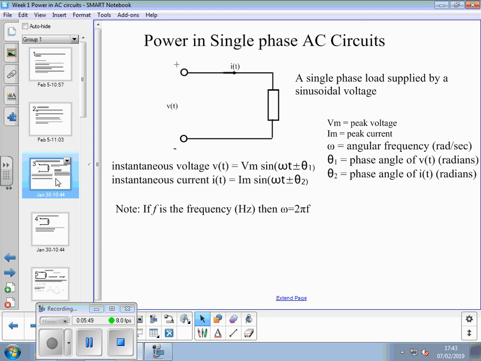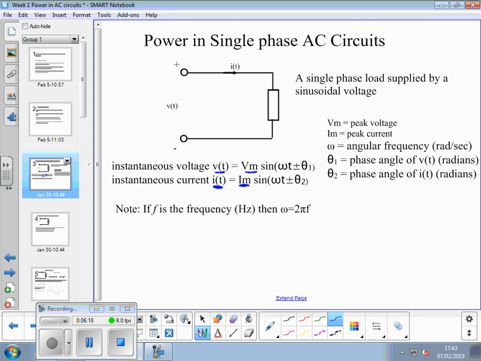And it is important when you write your exam answers that you distinguish between instantaneous values, lowercase i, lowercase v at time t, and what's called the peak value, I max, V max, that goes in front of the sine. The peak value of the sine wave. Our capital letters V and I. Alright?